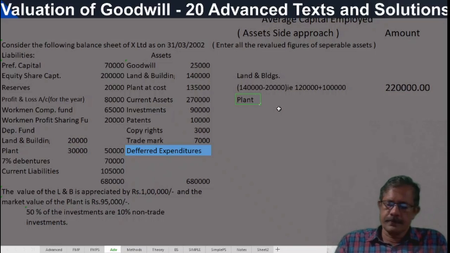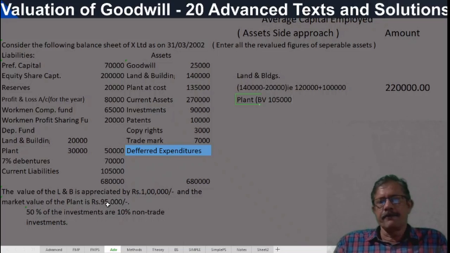Plant at cost. What is the value of the plant? 1,35,000. What is the plant depreciation? 30,000. So 1,05,000 is the book value. Book value 1,05,000. What is the revalued figure? The market value of the plant is 95,000. Here the market value of the plant is directly given.